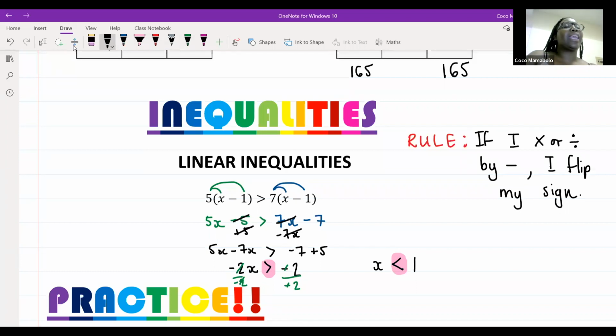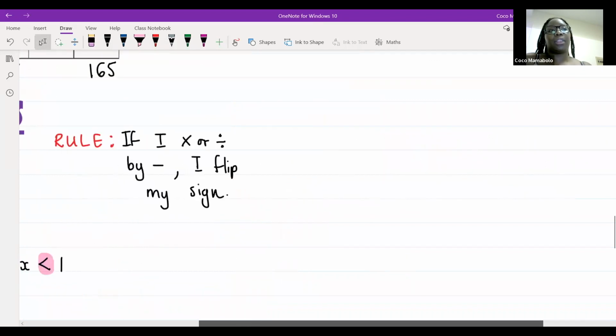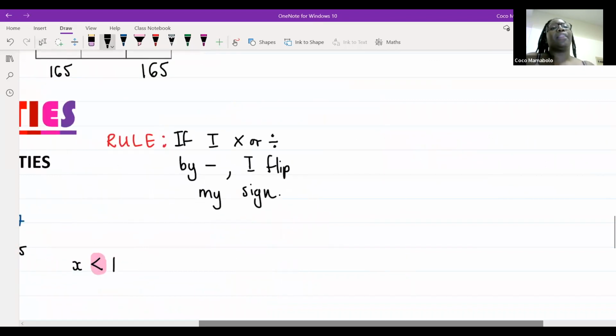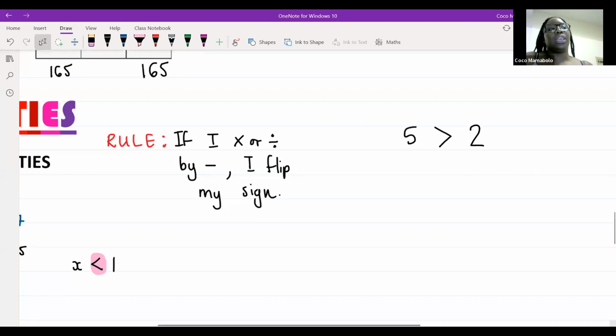If I said to you guys that 5 is greater than 2, is that true? Yes or no? Yes, it's true. 5 is greater than 2.